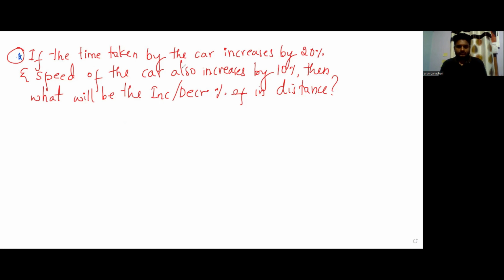Can we use initial values as 100 and 100? Yeah, use the same logic. These are the same kind of sums, just the wordings are different.